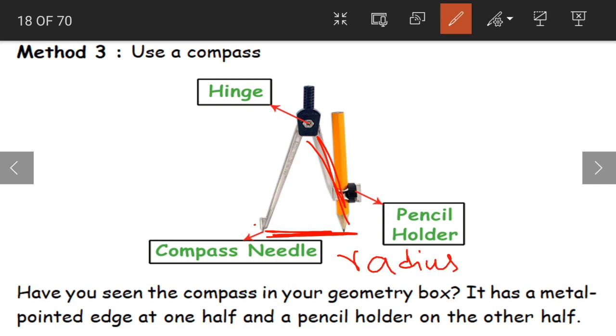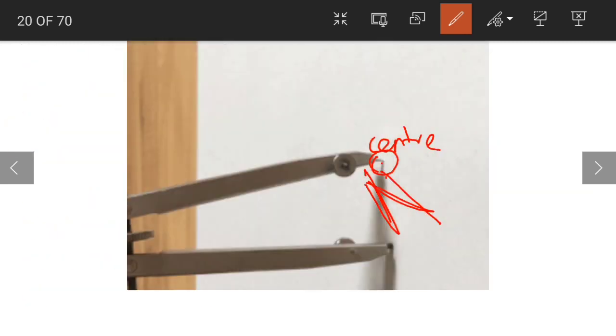Is this clear, children? The point in the middle becomes the center of the circle, and the distance from that middle to this, from the needle to the pencil, becomes the radius of the circle.